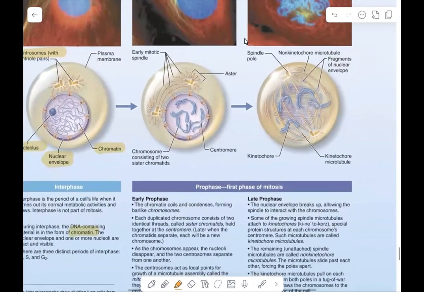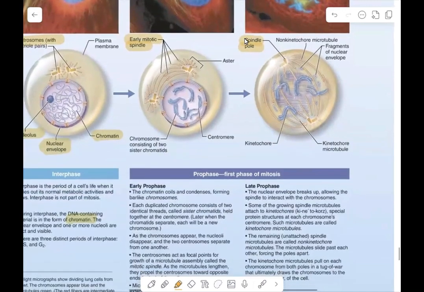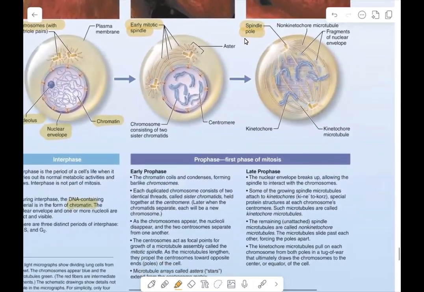During prophase, and you don't need to know the difference between early and late, first what's called a mitotic spindle forms. And the mitotic spindle is an organizing structure because it organizes the DNA. The centrioles are going to start to spread out, and there's what's called an aster that forms. So the chromatin coils and condenses, forming chromosomes.